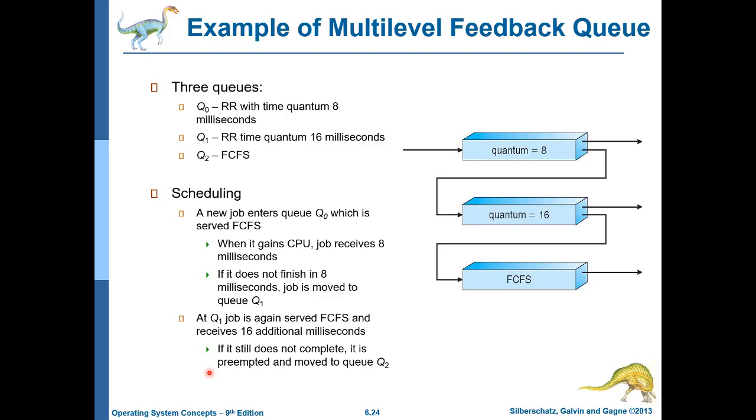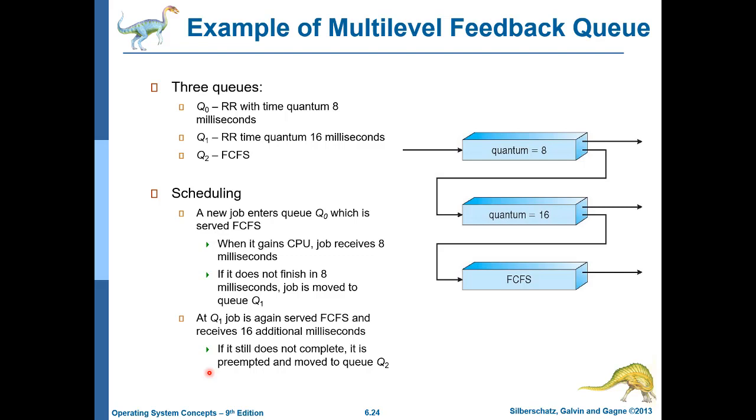So how do we do? We start with a process. Every process enters into Q0, and actually itself it is first come first served. So any process that comes will directly go to Q0 without any scheduling outside.